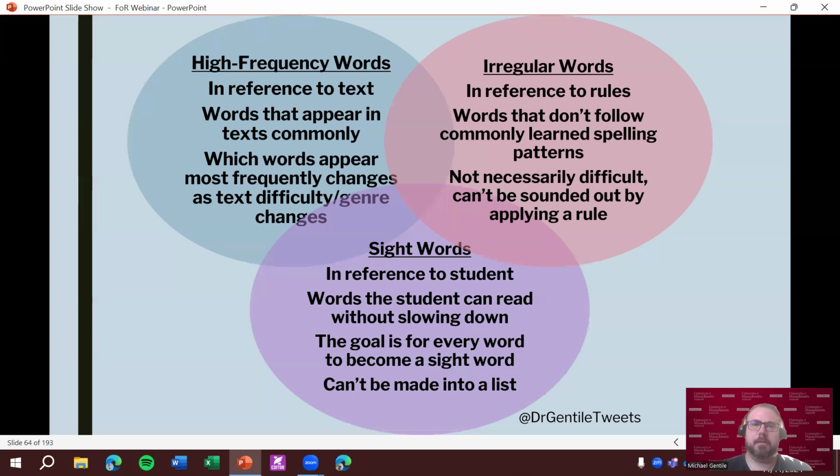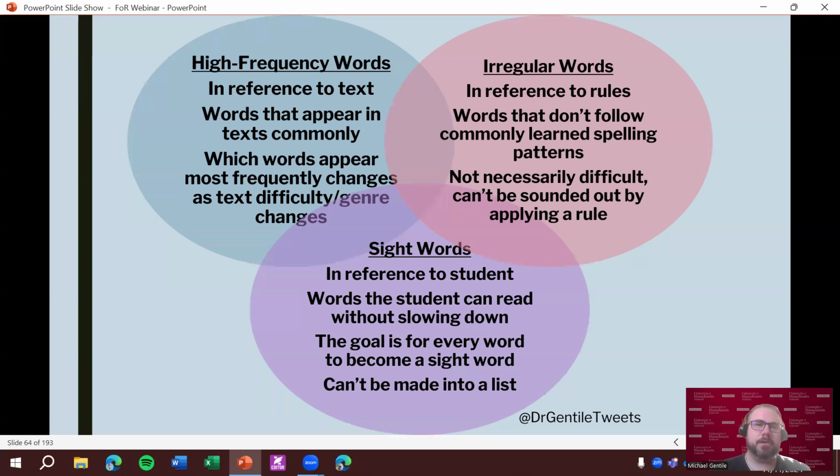Let's start with high frequency words. This one is a common one. High frequency words are words that occur frequently in text. So when we describe a word and categorize it as high frequency, that's in reference to the text, the words that appear most commonly.